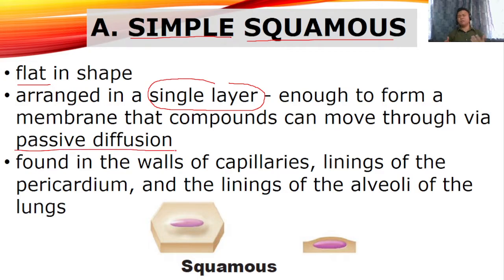Passive diffusion doesn't require energy to allow the entry of a certain material, just like the gaseous components in the alveoli of the lungs.